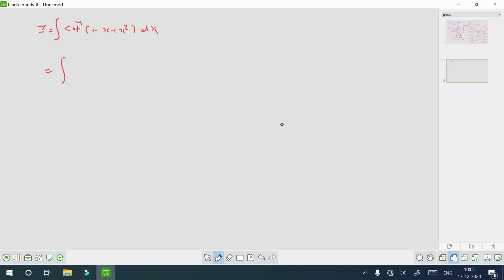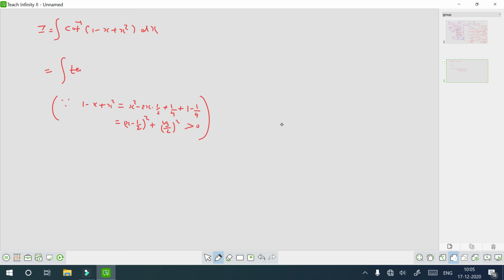Give reason: 1 minus x plus x square can be written as x square minus 2x into 1 by 2 plus 1 by 4 plus 1 minus 1 by 4. That is equal to (x minus 1 by 2) whole square plus (root 3 by 2) whole square. And we know that that is greater than 0.